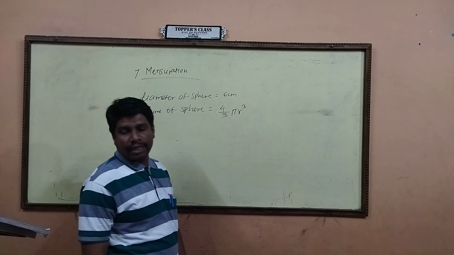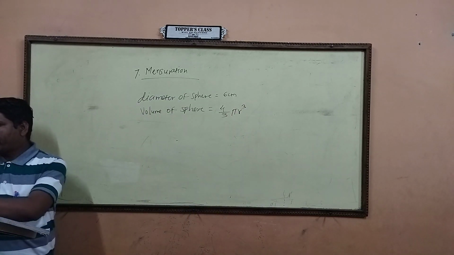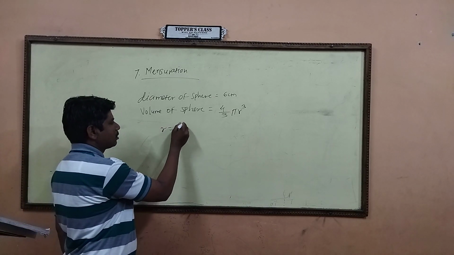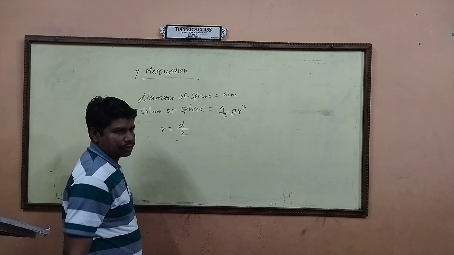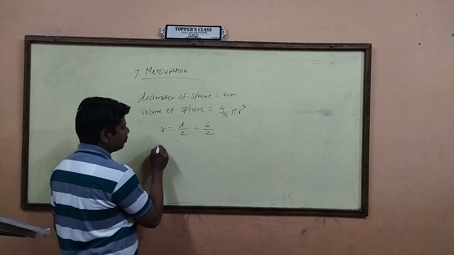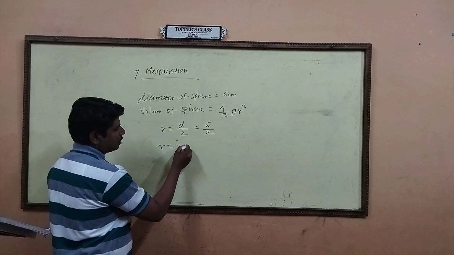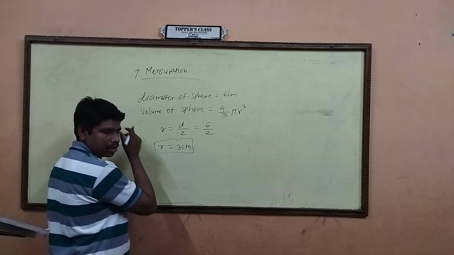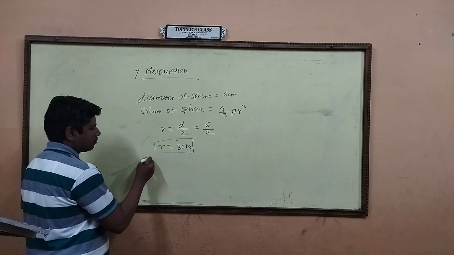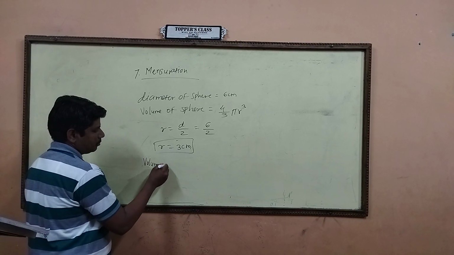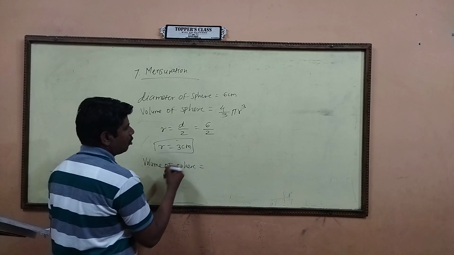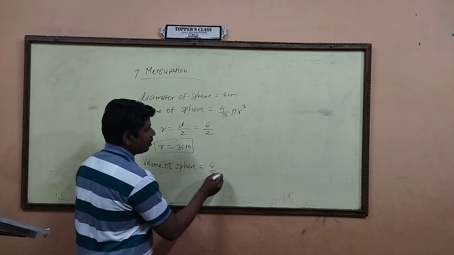Here the radius is not given, so we have to find it. We know that radius is equal to diameter upon 2. The diameter is 6 divided by 2, so the radius is 3 centimeter. Now apply the formula. Volume of sphere is 4/3 pi r cube.